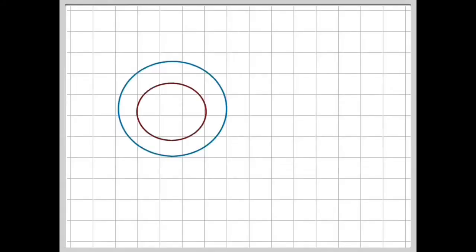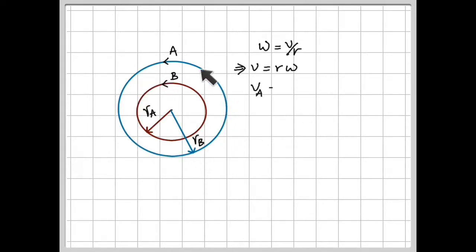Yet another thing for you to understand is that if there are two objects having the same angular velocity, like A and B, they have the same angular velocity but they have different radii, surely the object with the bigger radius has to have a higher linear velocity. And that is clear because linear velocity is r times omega.